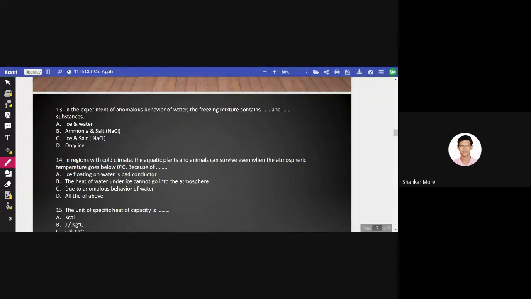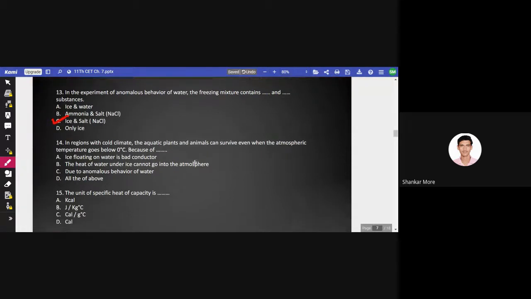It's ice and salt. It contains ice and salt. These are two substances that are used in Hope's apparatus, isn't it? So option C, that is ice and salt. These are the substances that we use.